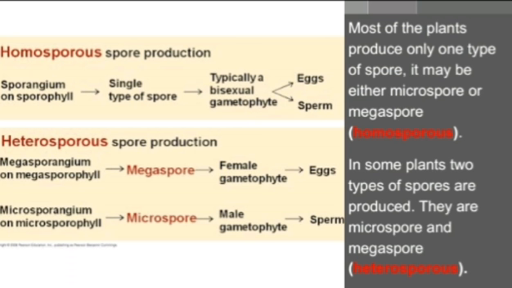One is egg and another one is sperm. Whereas in heterosporous, the megasporangium on the megasporophyll produces megaspores, which are the female gametophyte and form eggs, and the microsporangium on the microsporophyll produces microspores, which are the male gametophyte and form sperm.